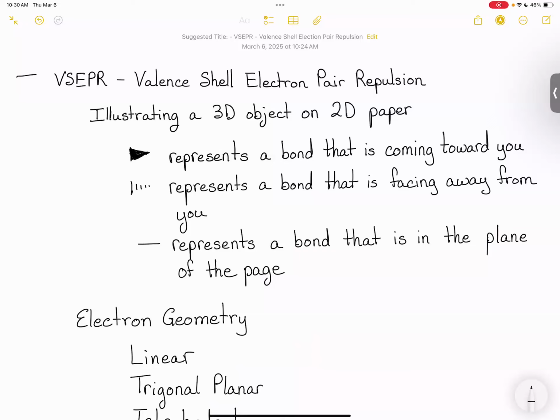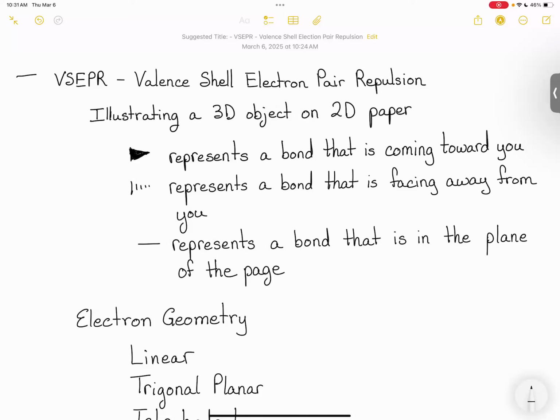So the chlorine and the lone pair are in the same plane as the nitrogen. A darkened wedge means it is coming to you, and a dashed wedge means it's going away, so it would go behind the board.